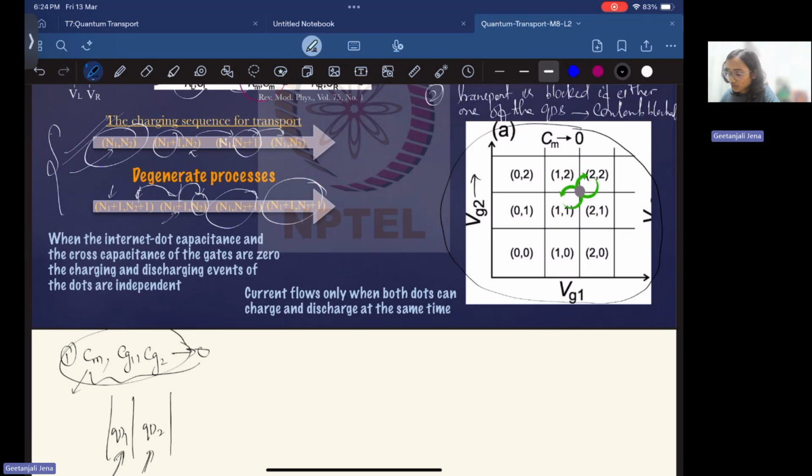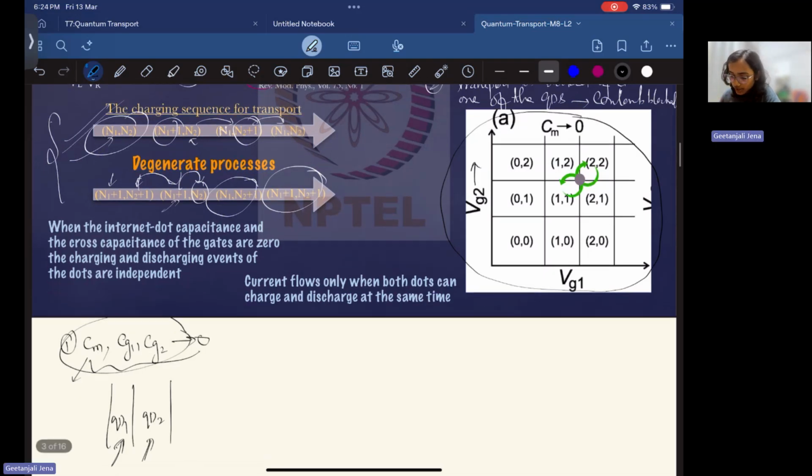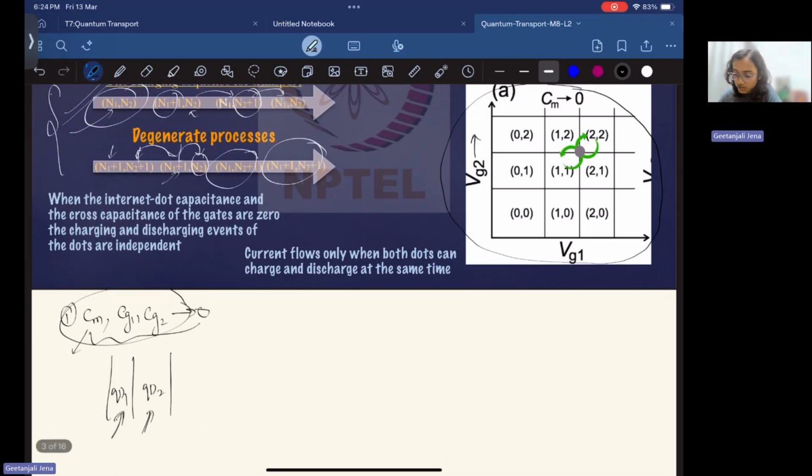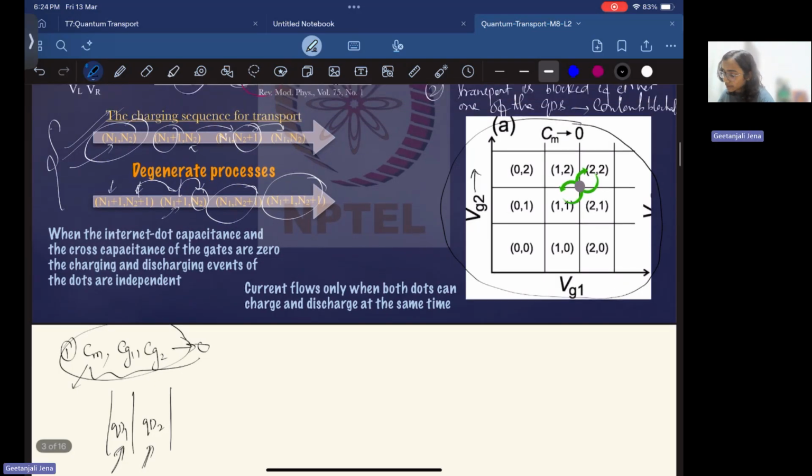Similarly, if you change Vg2, only the energy level of quantum dot 2 is affected, but the quantum dot 1 state will remain unchanged.